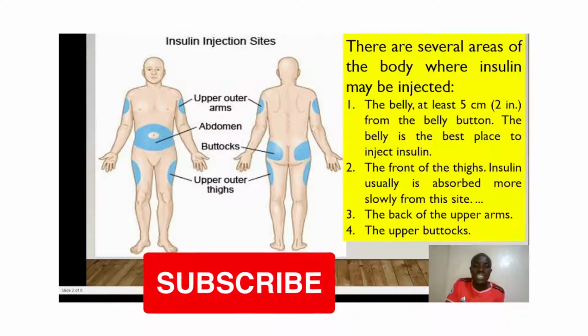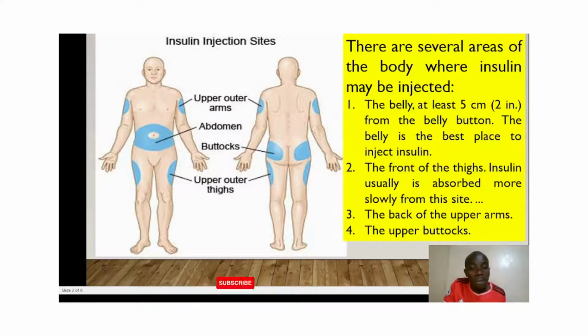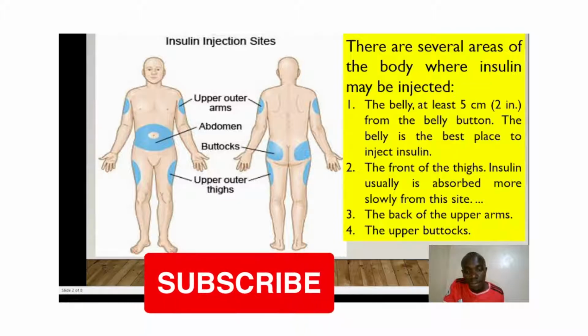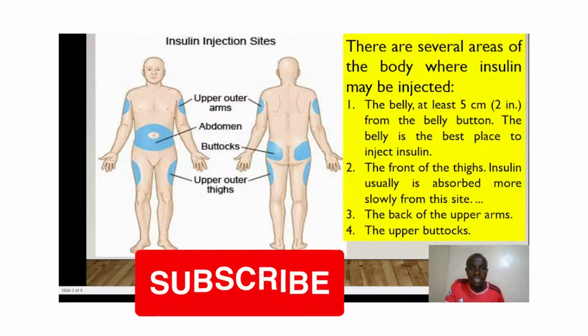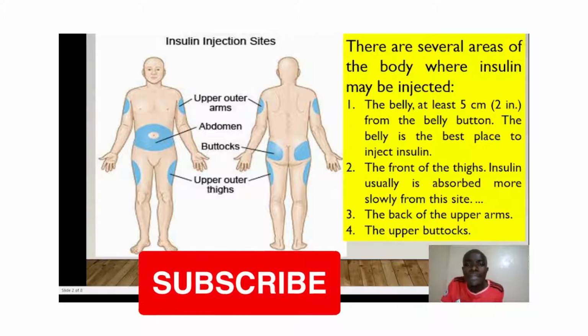What are the injection sites of insulin? We have four major sites where we inject. Number one, we have the abdomen, one of the preferred injection sites.